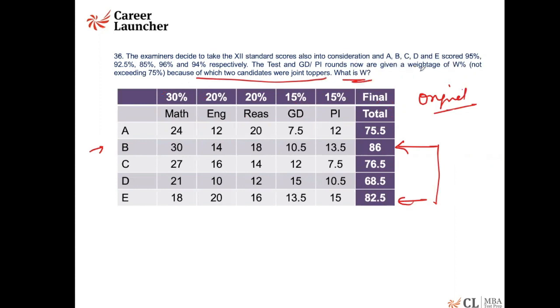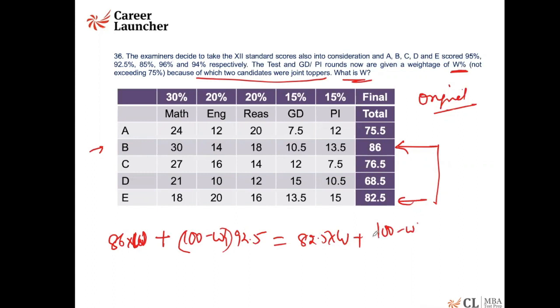B is given a weightage of W percent, so 86 into W, plus 100 minus W into 92.5, should be equal to 82.5 into W plus 100 minus W, which is the weightage of the 12th class, into 94.